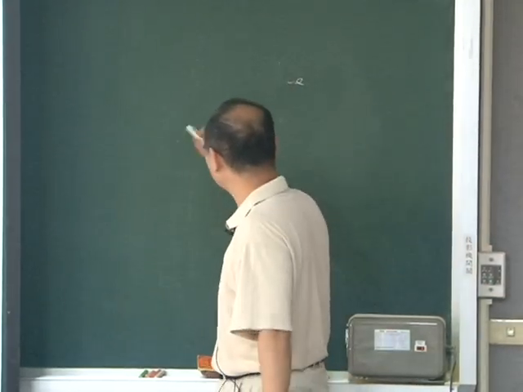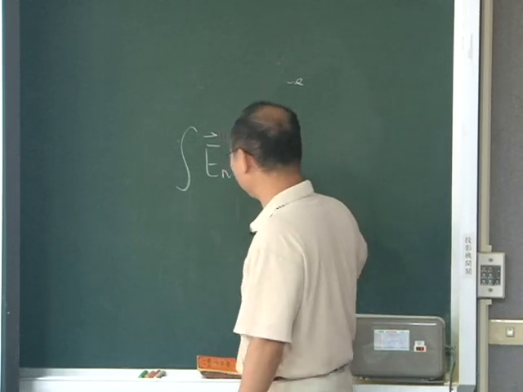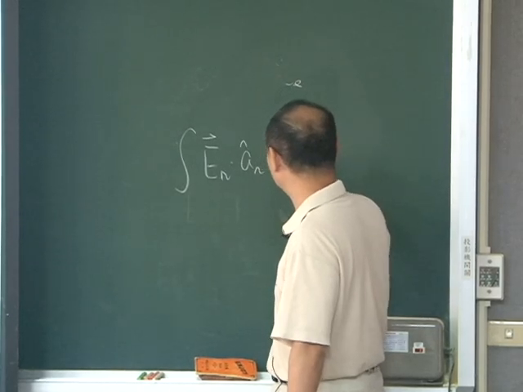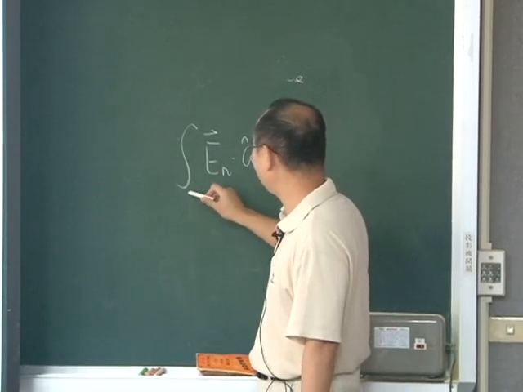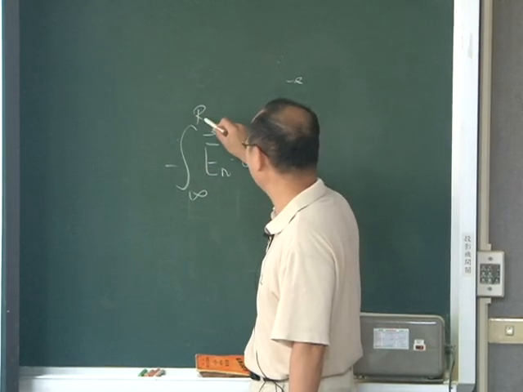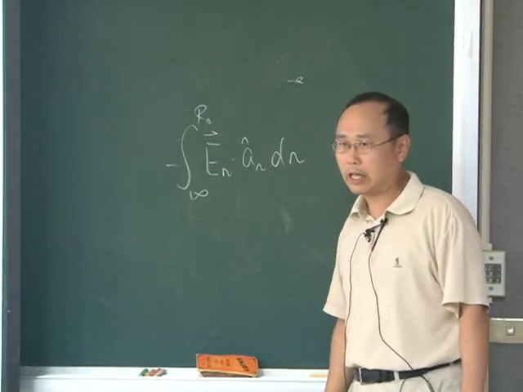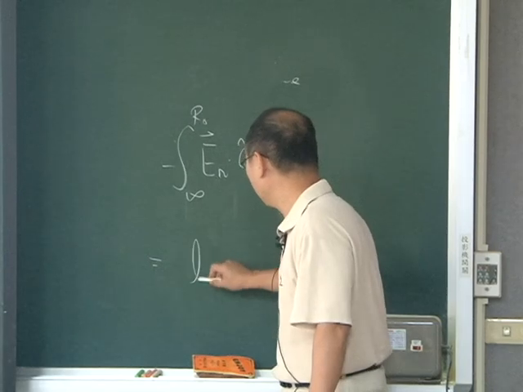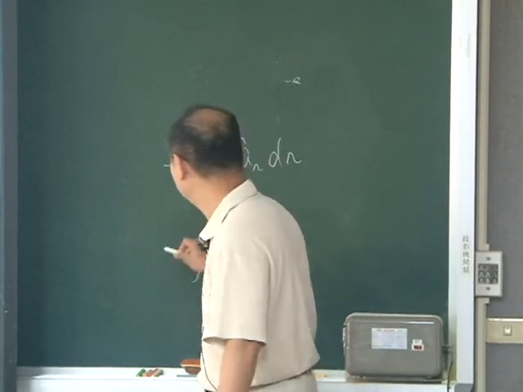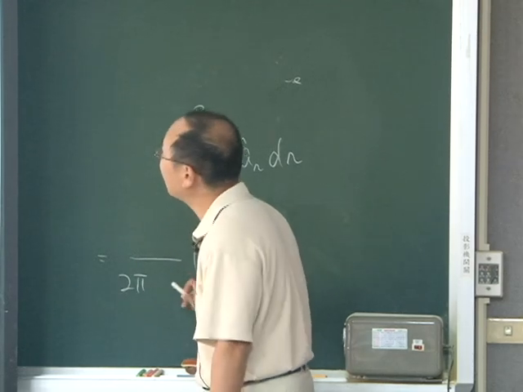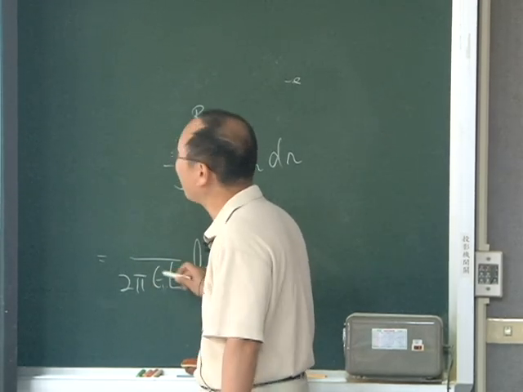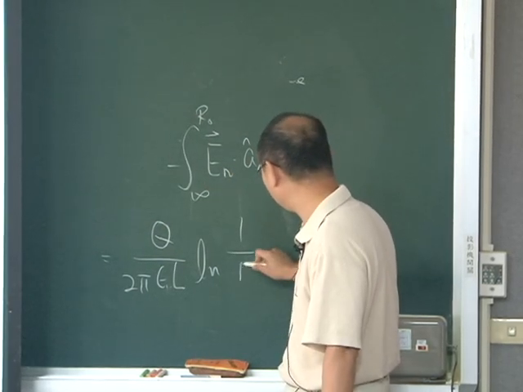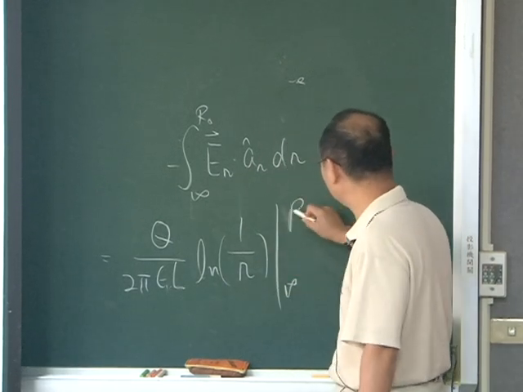So if you try to do this calculation, E(R) dot dr, also along the R direction, from infinity to some location, then the calculation diverges, because the integral becomes Q over 2 pi epsilon L times a natural log of 1 over R from infinity to R0.